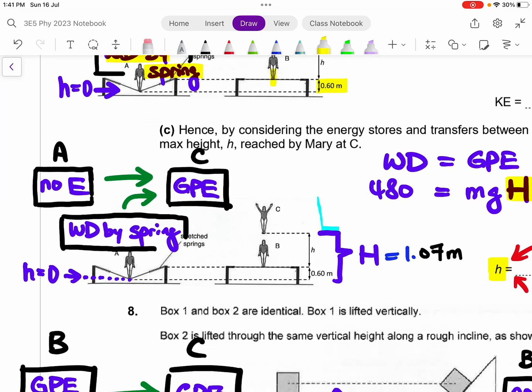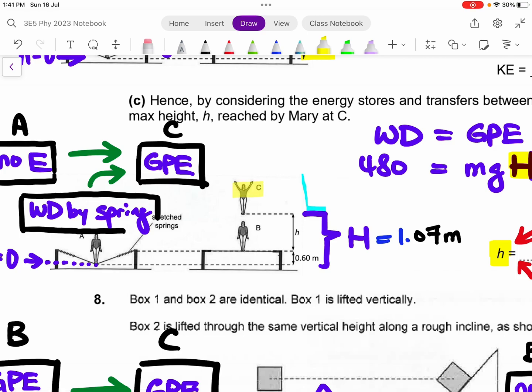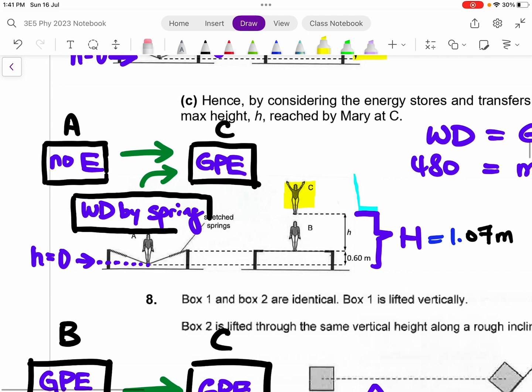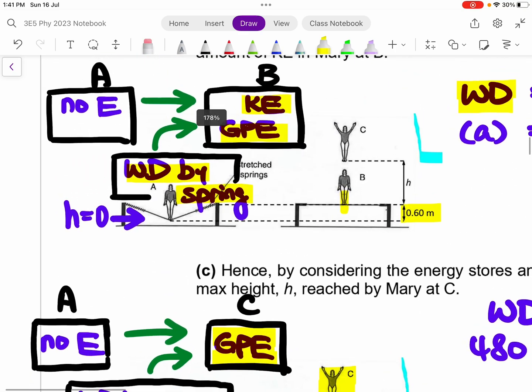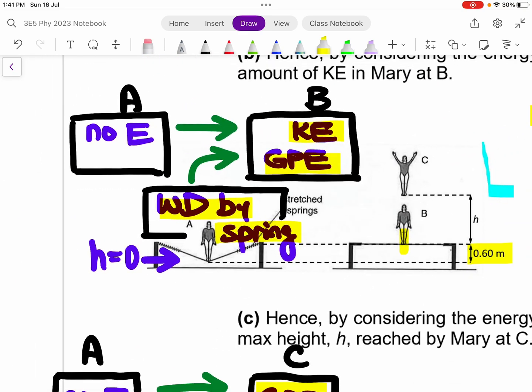Then for part C, most of you can tell me that all the kinetic energy must be converted into GPE. And you already know that all this energy has come from the spring.